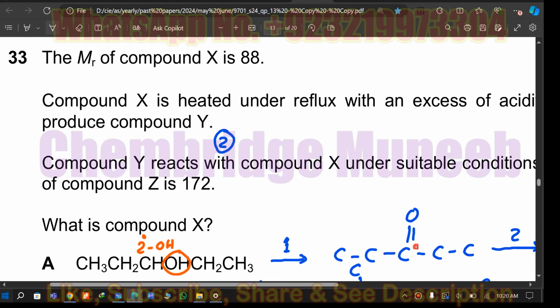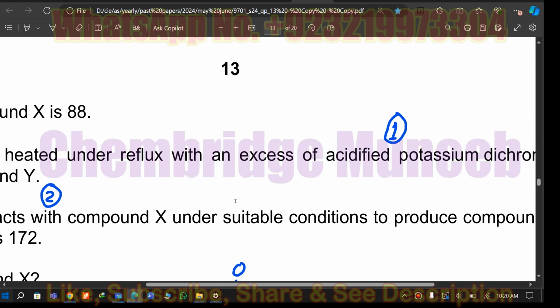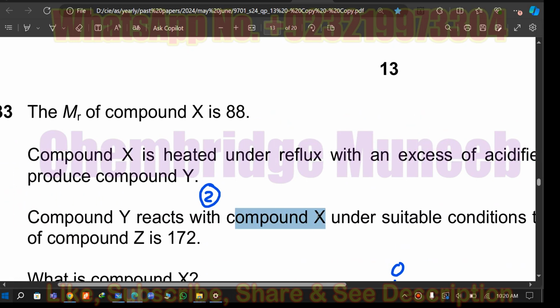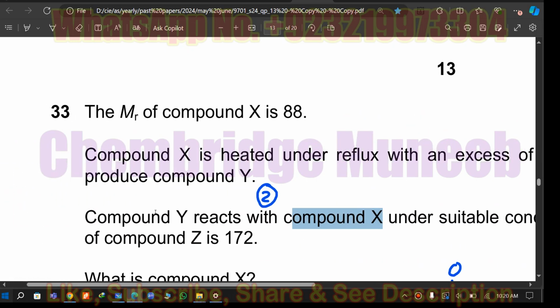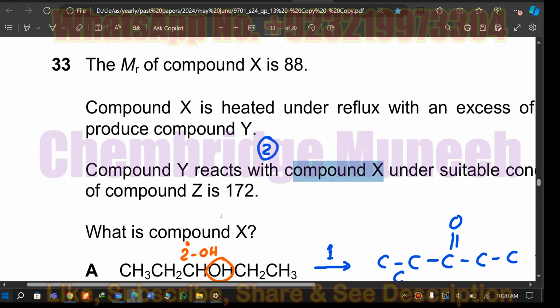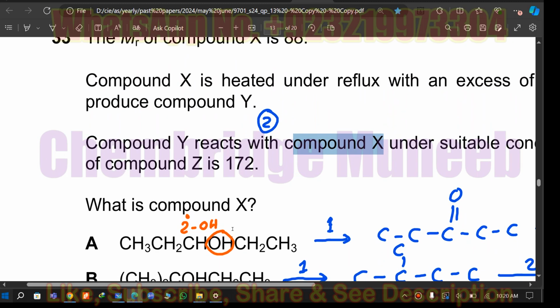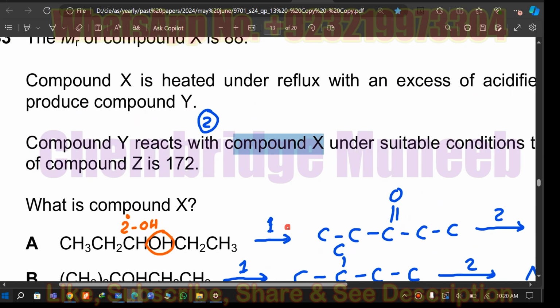Now this compound which is obtained should react with the compound X, because the second statement says the compound Y reacts with compound X. So which means the ketone which is obtained must react with the alcohol in the original option, which we can see here is not possible.